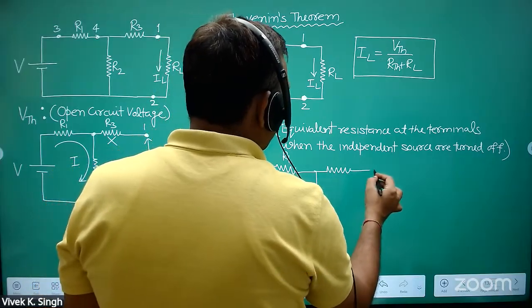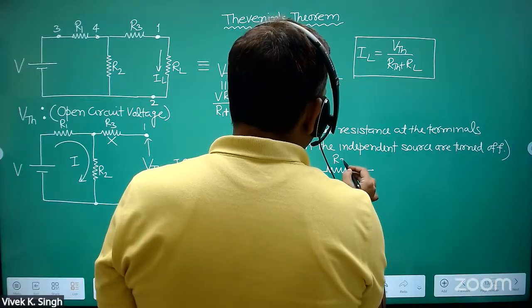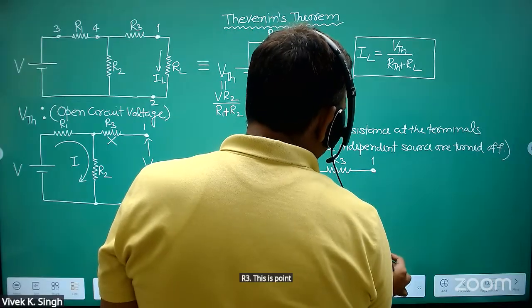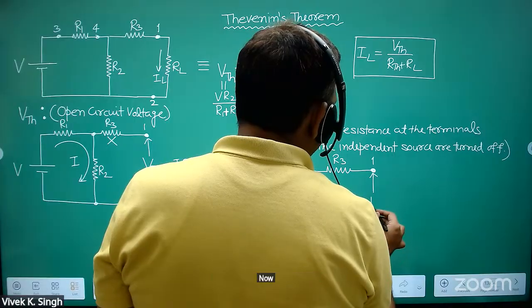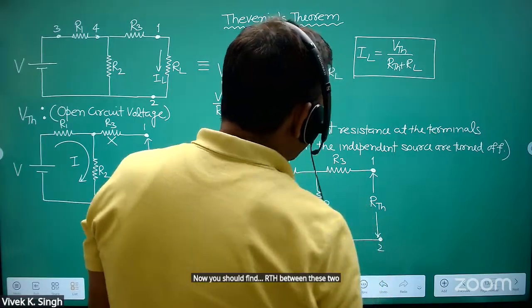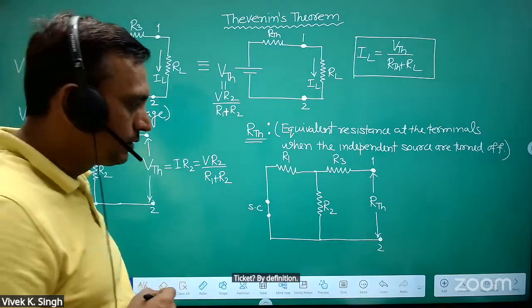And this resistance is R3. This is point 1 and this is point 2. Now you should find RTH between these 2 points. By definition, this is RTH.